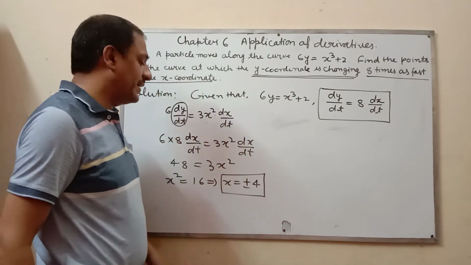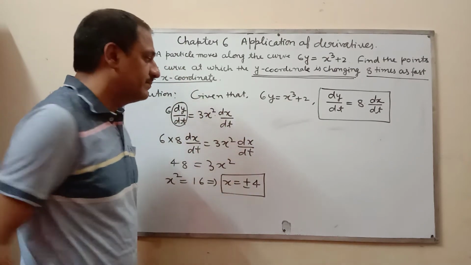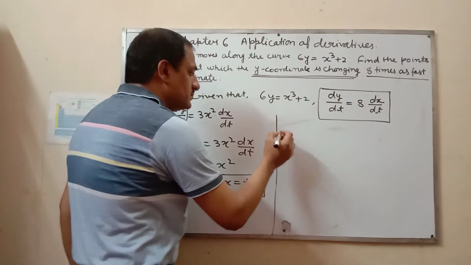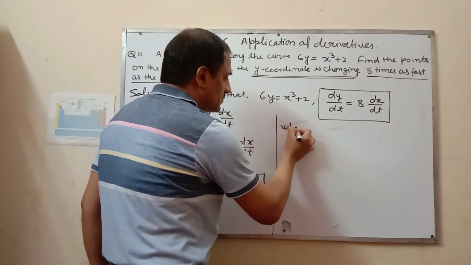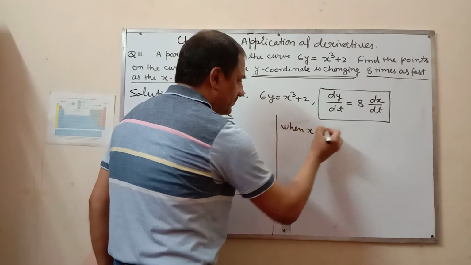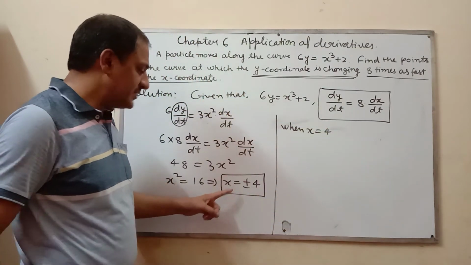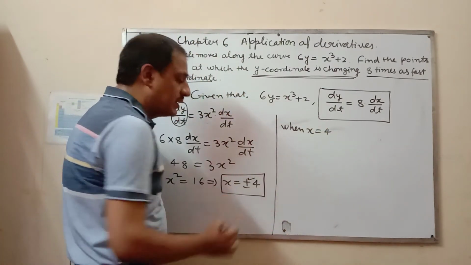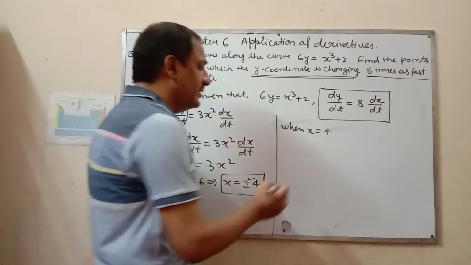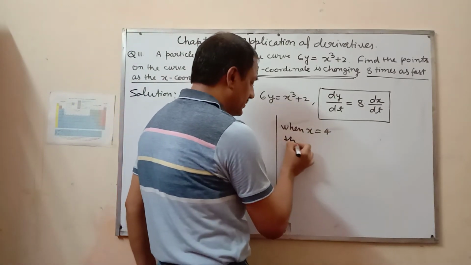Now I am going to find the value of y. When x = +4, then y is equal to what?